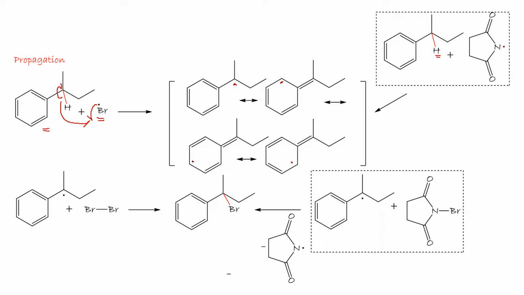This radical then reacts with Br2 to form the product, or this radical will react with N-bromosuccinimide to form the product, and the amide radical as a byproduct.